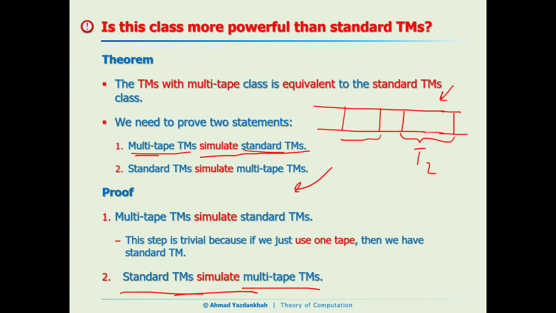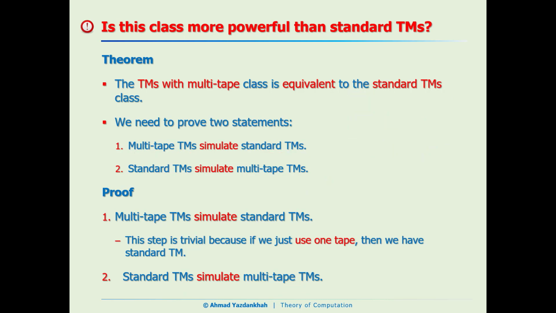Whatever we can do on tape number 2 when we have dual tapes, we simulate here, because we have the ability to move this cursor back and forth. Whatever we want to do with tape number 2, we move it here, do that, and then return to tape number 1. Yeah, this is doable and we can prove it is possible, but we are not going to do that in this course. So this theorem shows that both of them are equivalent.